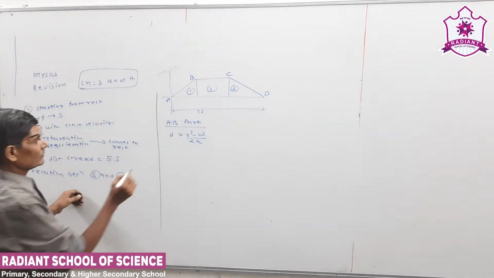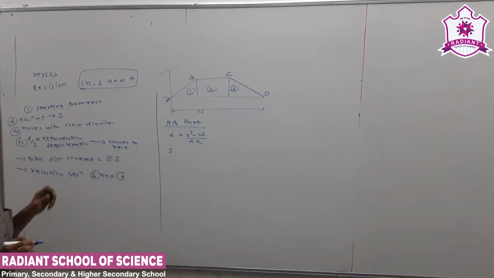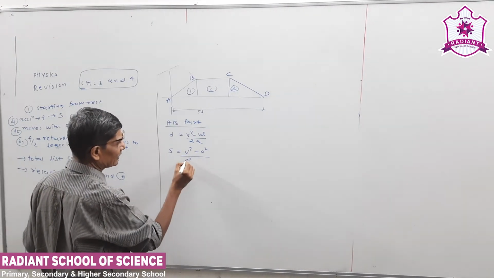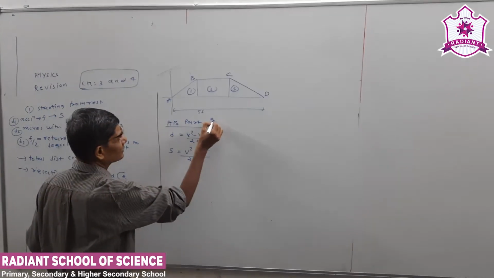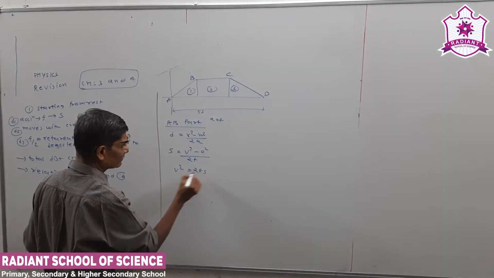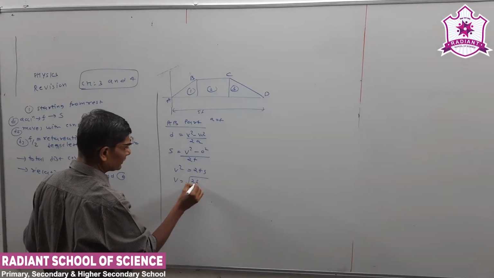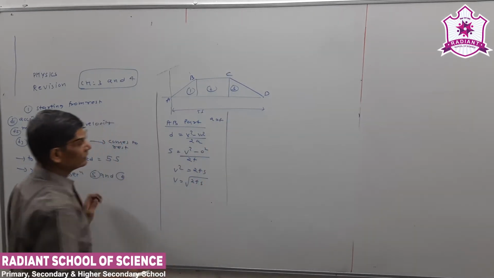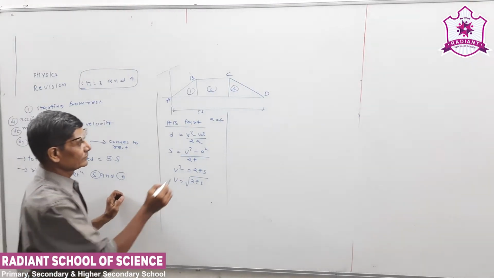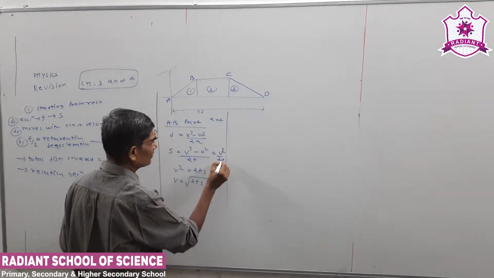Distance given is s. Velocity is v. Initially it is starting from rest, and the acceleration is f. So v square is equal to 2fs. Now this s is v square upon 2f.